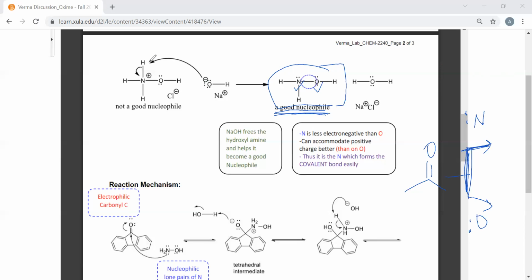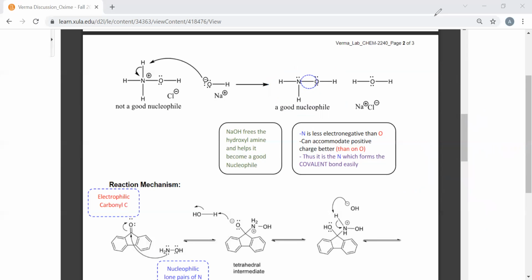However, which pathway will be faster? Whichever pathway reacts faster will win the race and will have the major product from that nucleophile. So let's look at why it is the nitrogen and not the oxygen which will win this race.